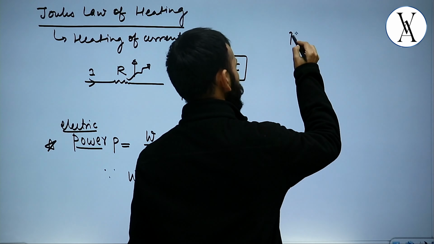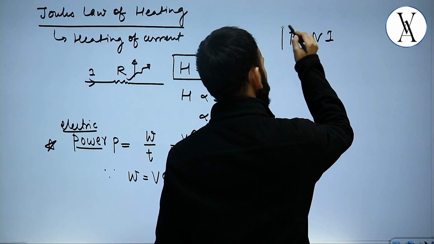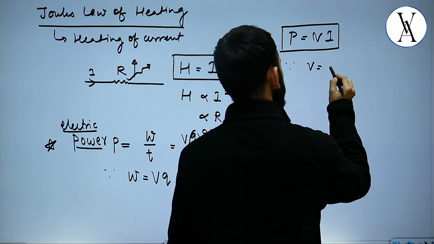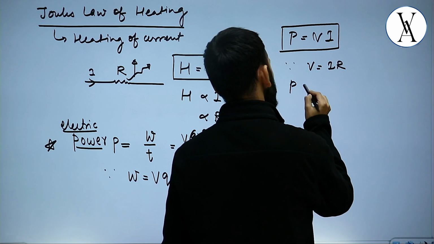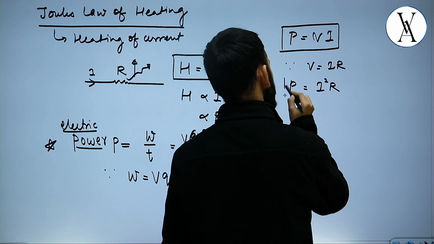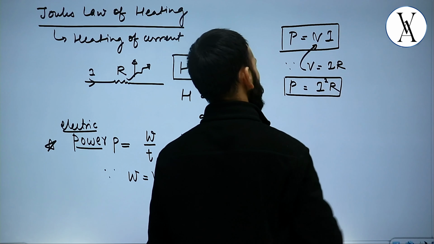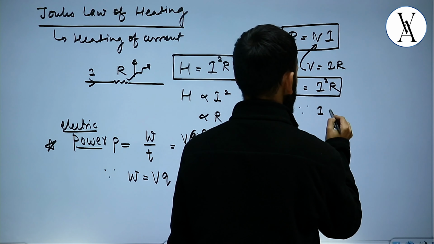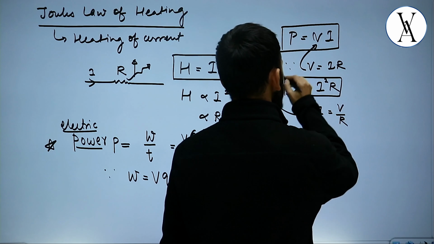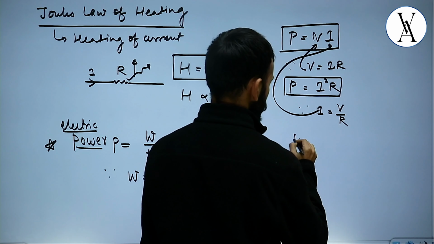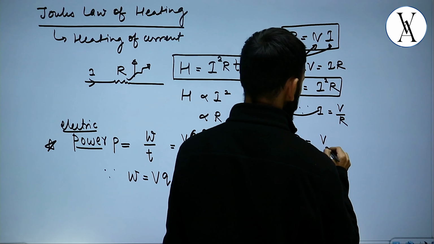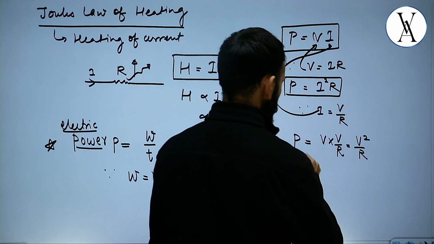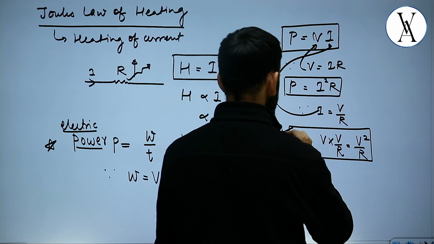According to Ohm's law, V is equal to IR, so the next formula will be I square R. If I put the value of I as V by R, P can be written as V into V by R, which is V square by R. These are the formulas related to power in various terms.